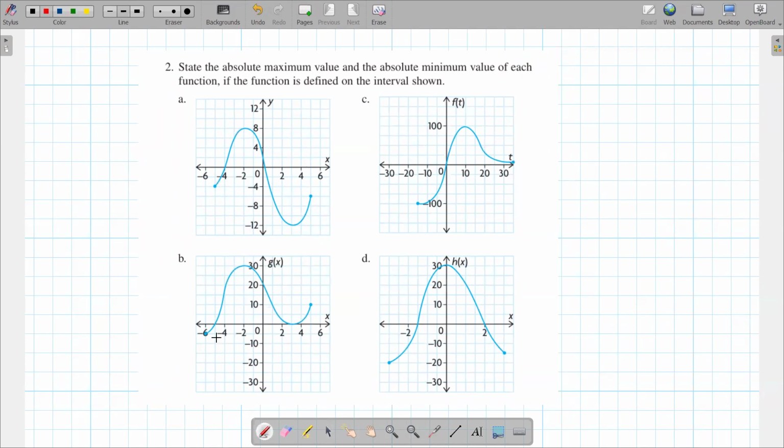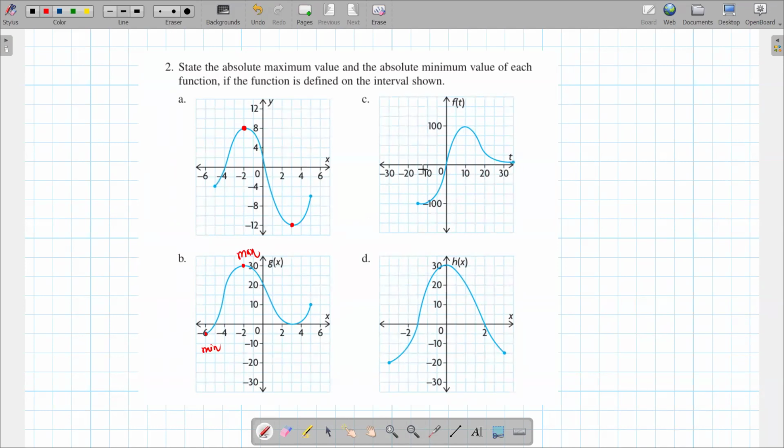It's on a closed interval, so it's not going to go on till infinity. So these definitely have absolute extrema. It's very simple. Look at this. This is your absolute max. This is your absolute min. This is your absolute max. This is your absolute min, the lowest possible value there.